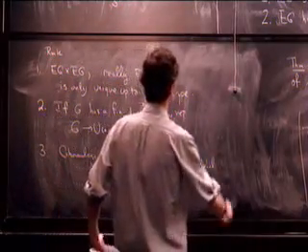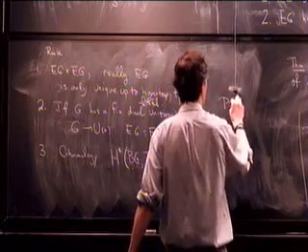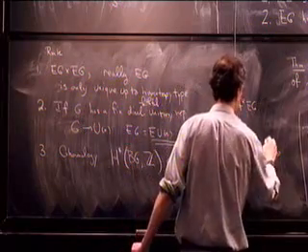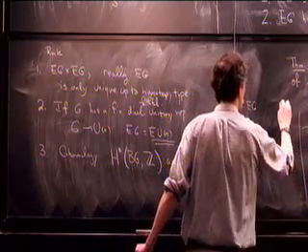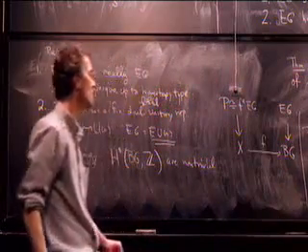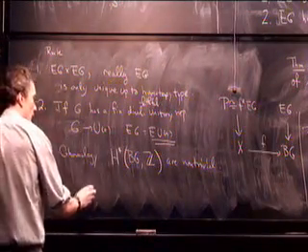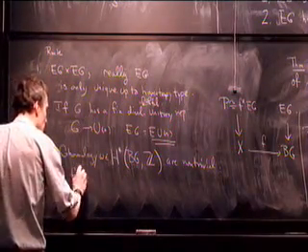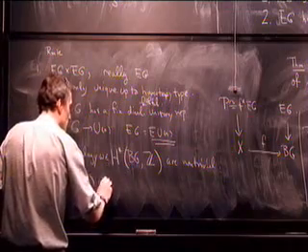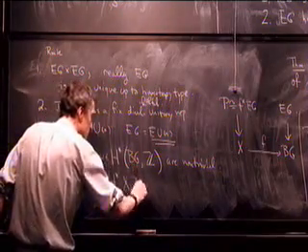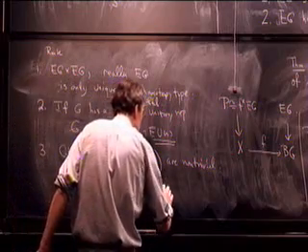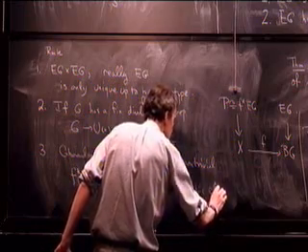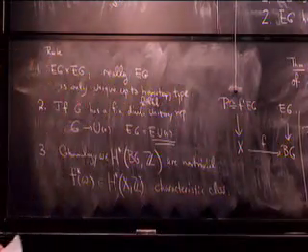Now, if I've got this classifying map, which I've unfortunately erased, so P is isomorphic to F star of EG, a G bundle over X, and F is the classifying map, then if I have some cohomology class omega in here, I can pull back F star of omega to a cohomology class on X. And this is what's called a characteristic class, something we're going to be studying later.